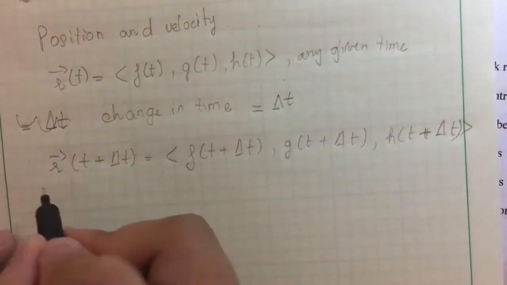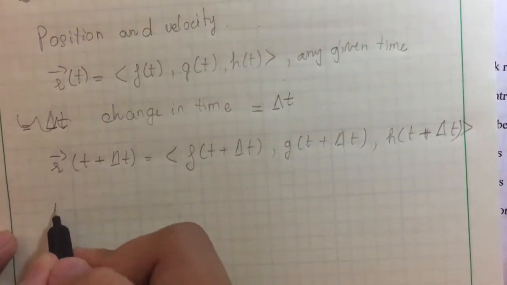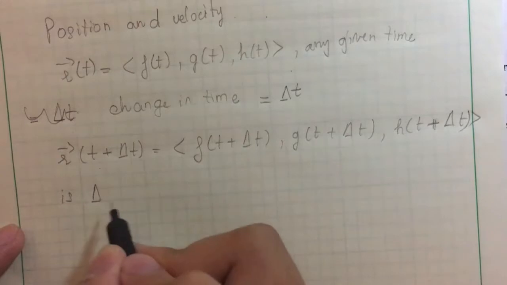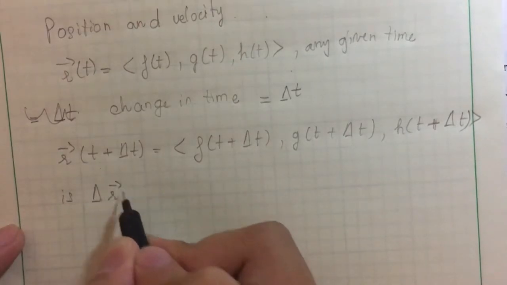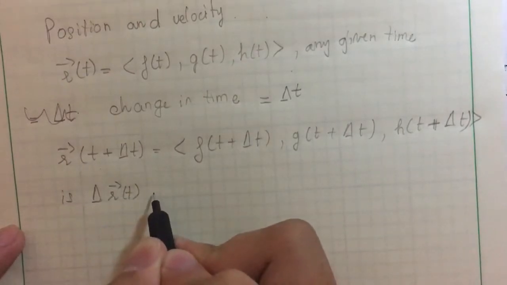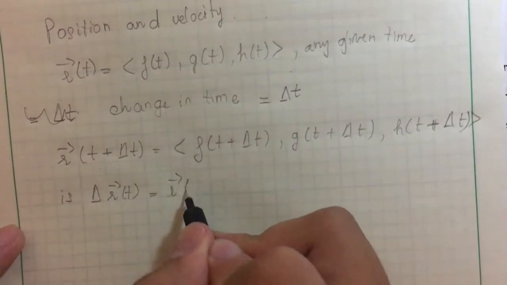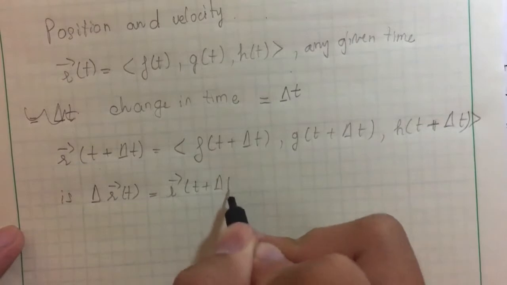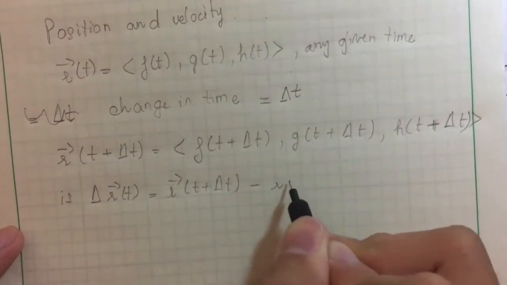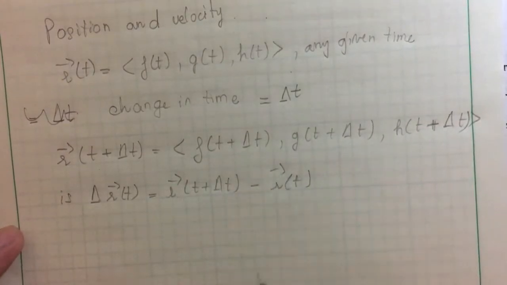So the change in position is delta r equal to r of t0 plus delta t minus the function itself.